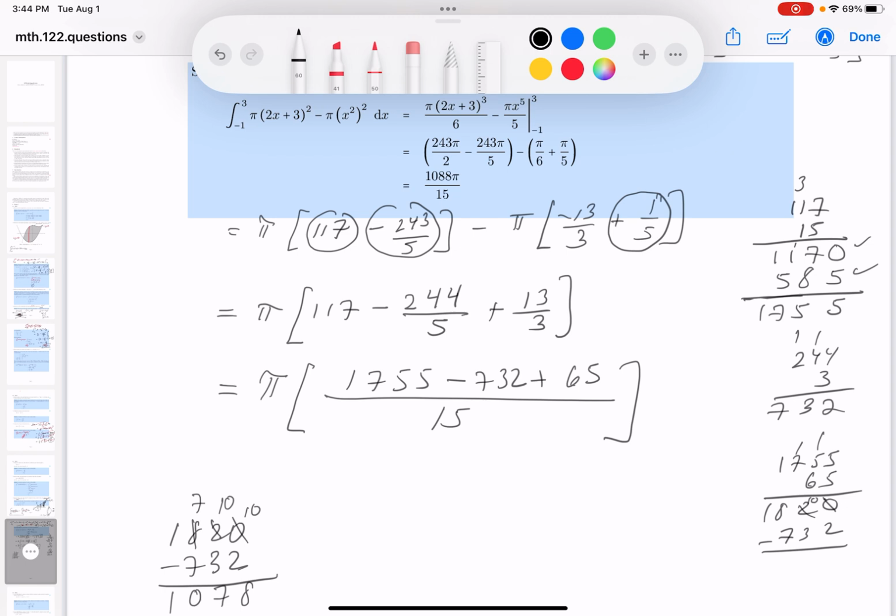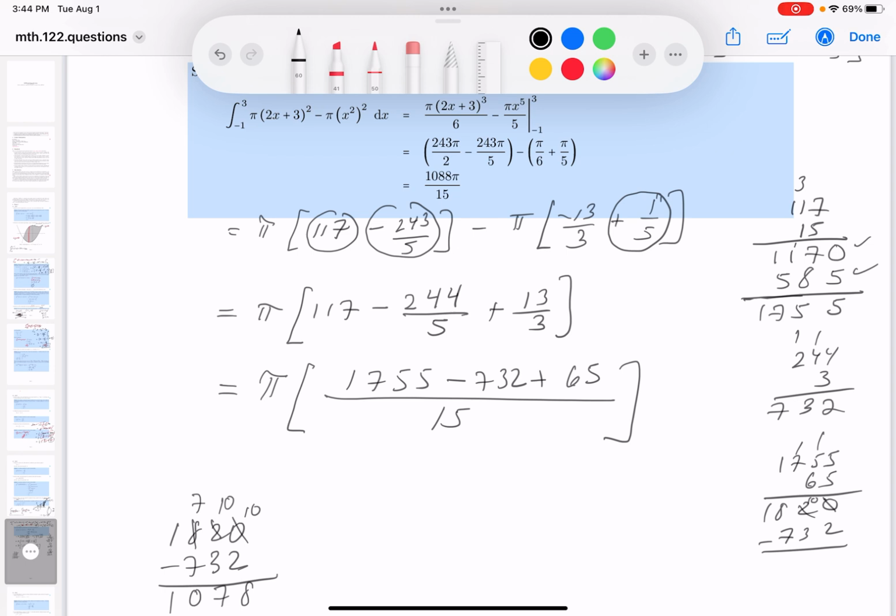That's not bad. I think I did all right with that. And then let's see if I did the 3 times 244. And that's 600, 720, 732. And 5 times 13, 65. 65 and 1755, I did that right.